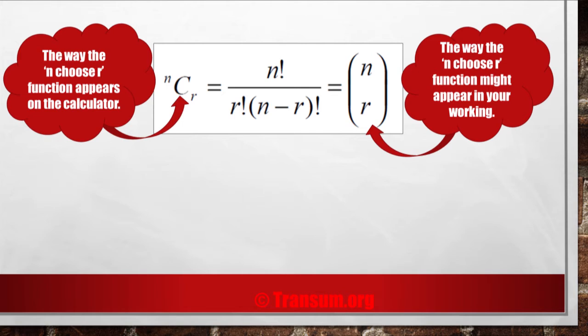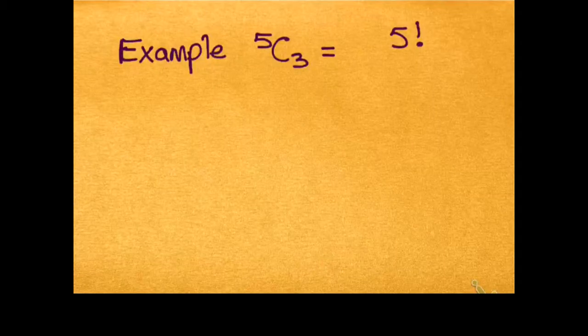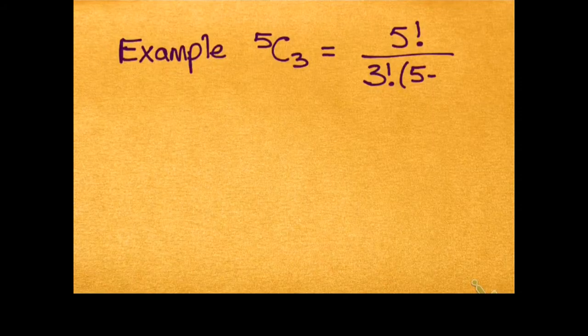So let's say we're looking for the coefficient in the 5th row of Pascal's triangle, and we want the third term. So we put the values 5 and 3 in place of n and r into the formula, and we calculate just like this. The exclamation mark means factorial.